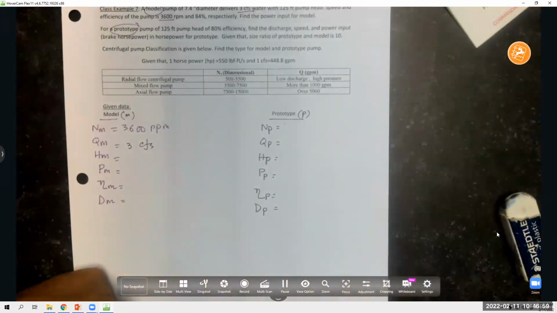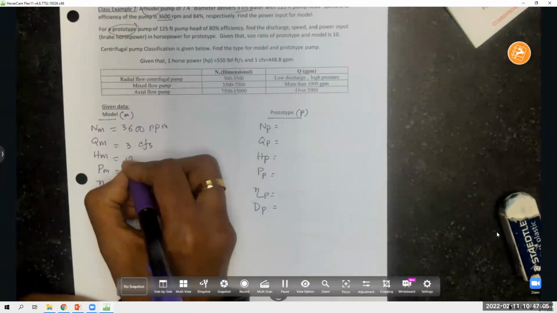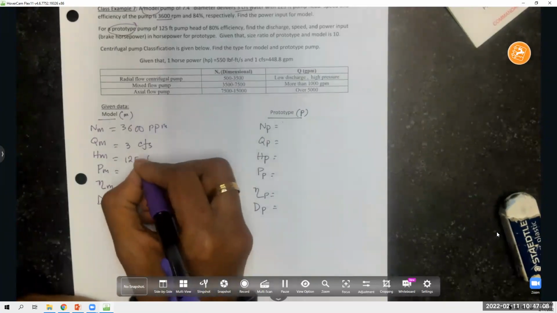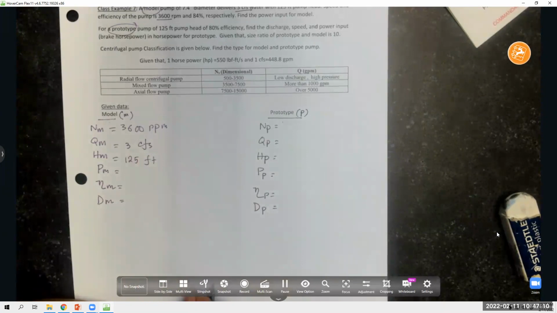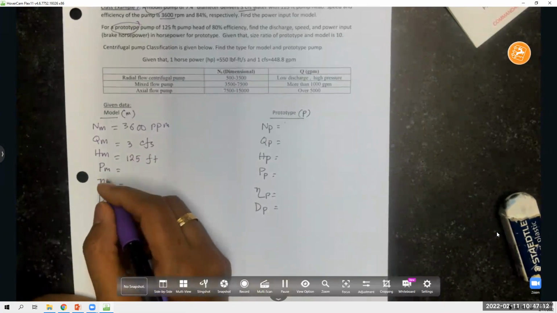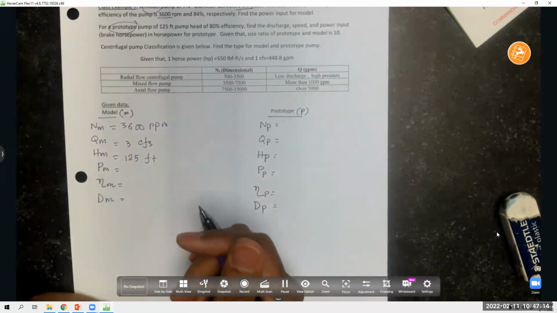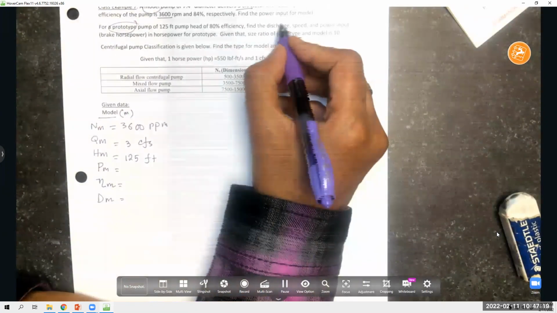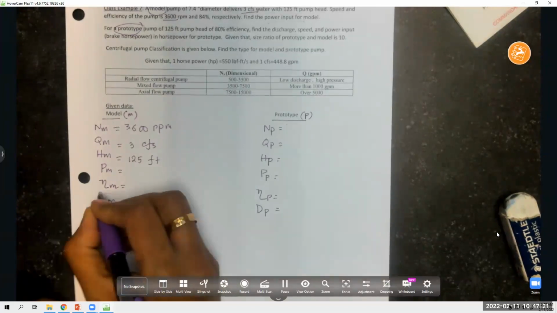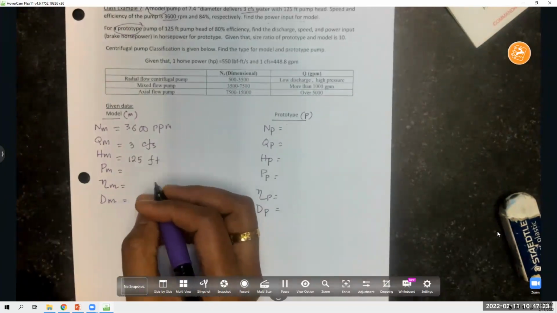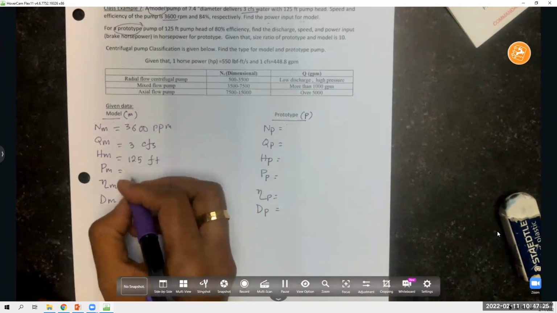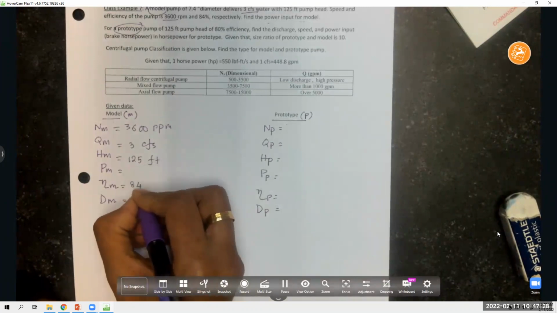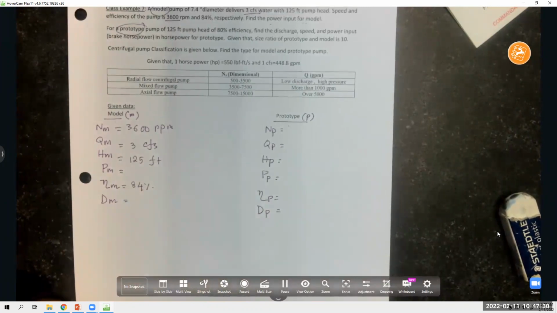Okay, what is the pump head? 125. And the unit is feet, right? I don't know about the power input at this point. Or do we know? No, that's what we need to find actually. Okay, what else? Do we know the efficiency of the model pump? 84, good. And do we know the diameter? 7.4, okay.